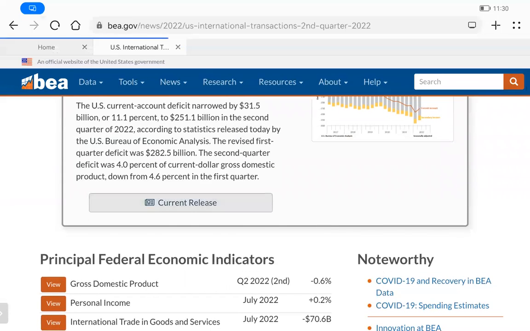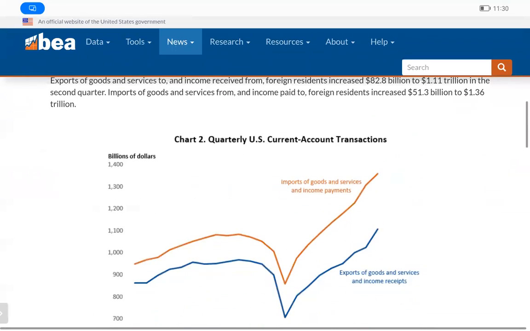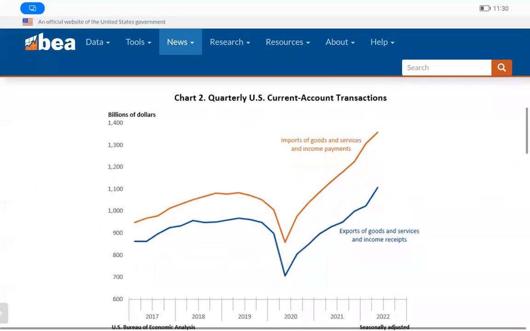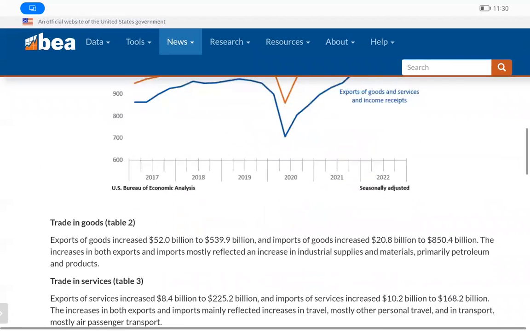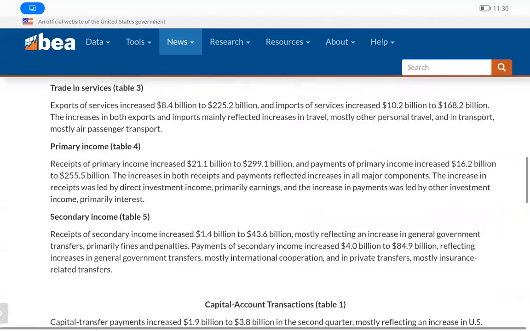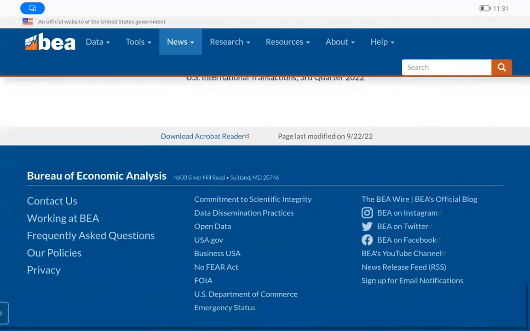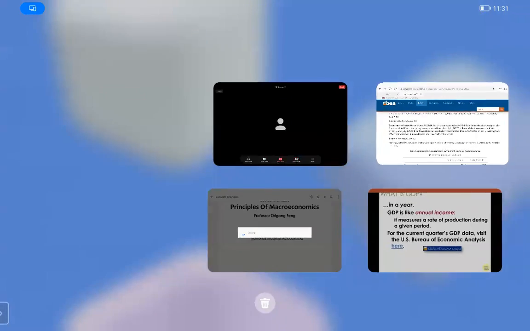So the current account just tells you the imports and exports, right? Look at it here. You have imports of goods and exports of goods, right? That's good. So anyway, let's go back to our slides.